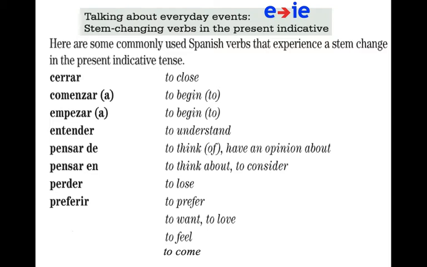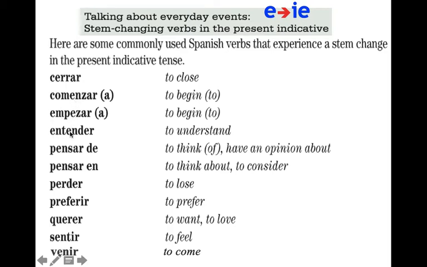To want or to love. Starts with Q. Querer. To feel. Repita, sentir. And to come. Repita, venir.